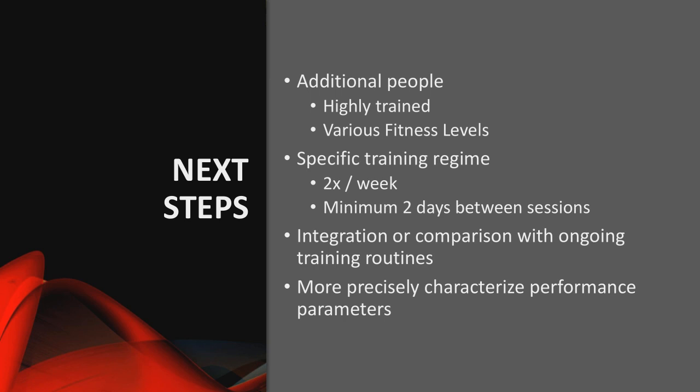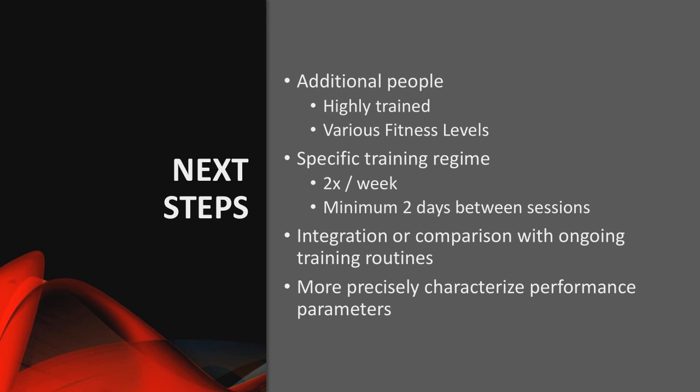Obviously, responses to various fitness levels and legitimate controls would want to be considered. In terms of specific training regime, I would anticipate, based on what I saw, that you would want to train at least a couple of times a week, which I think is the minimum for most physical activities that people become involved in, with maybe a minimum of 2 days between sessions.